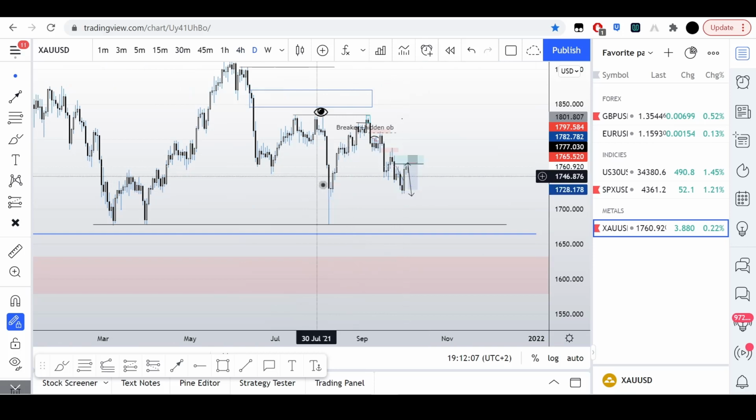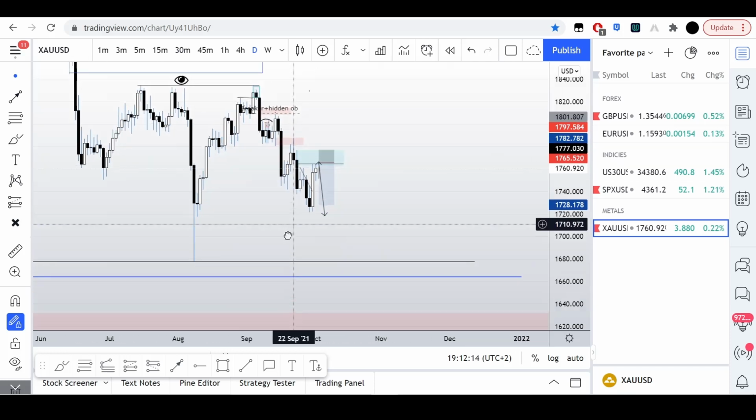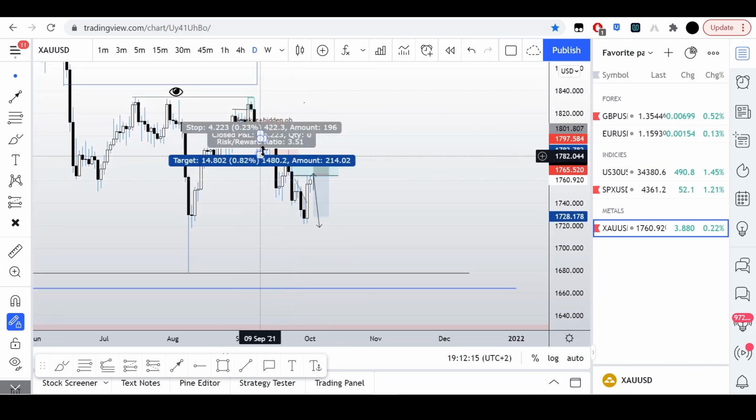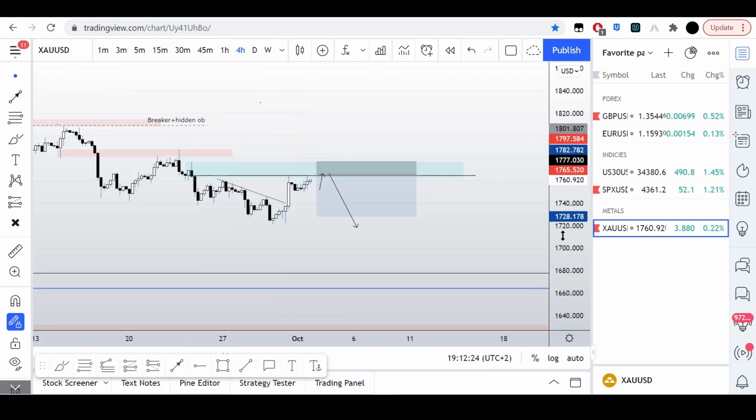So I don't really know if this area is going to hold as much. Plus, when you look at structure, you have high, low, lower high, low, lower high, low, clean breaks to the downside, and then now we're having our retracement once again. It's giving very clean structure.